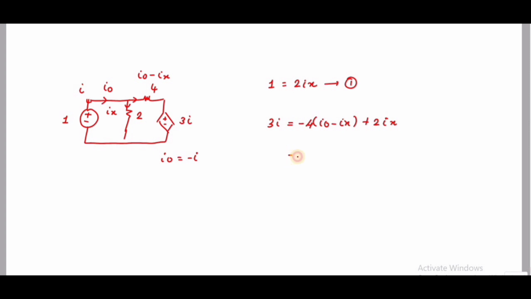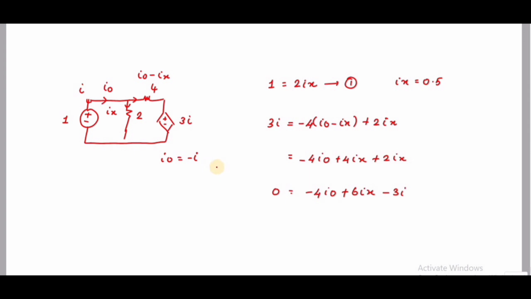So minus 4 I naught. We know that Ix is equal to 0.5. So minus 4 I naught plus 4 Ix plus 2 Ix. So this is equal to minus 4 I naught plus 6 Ix.